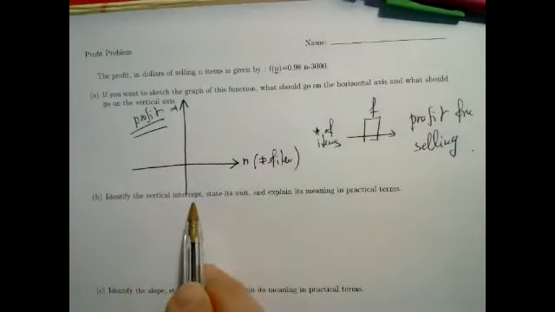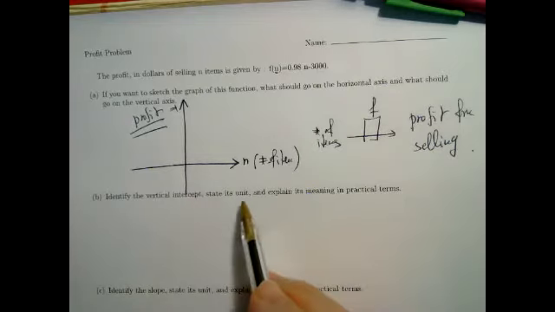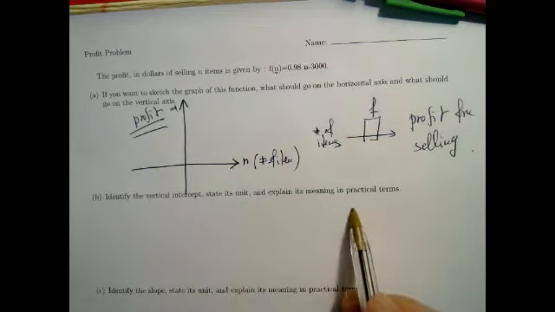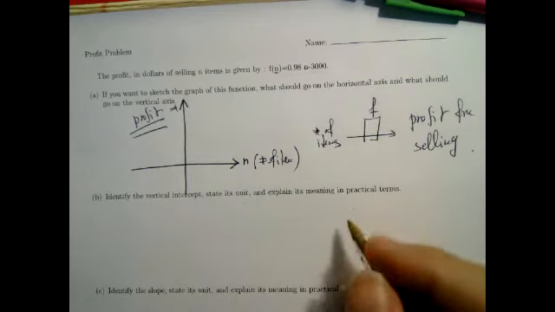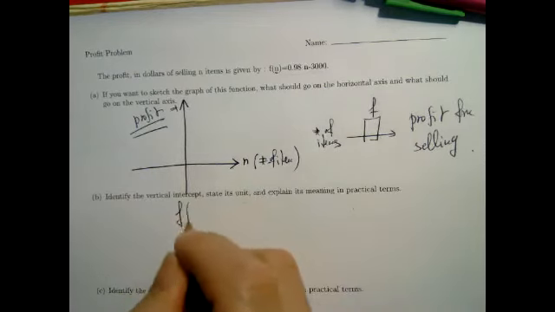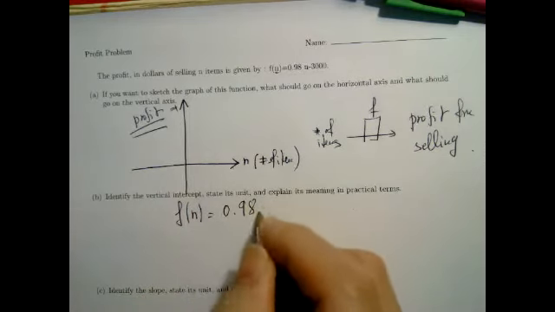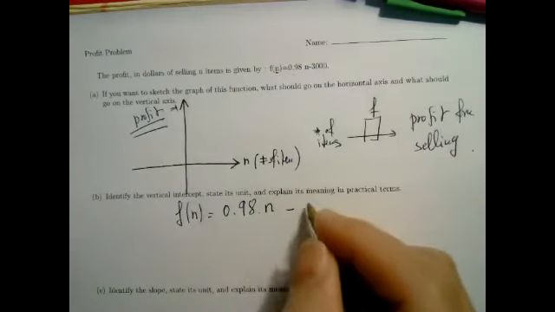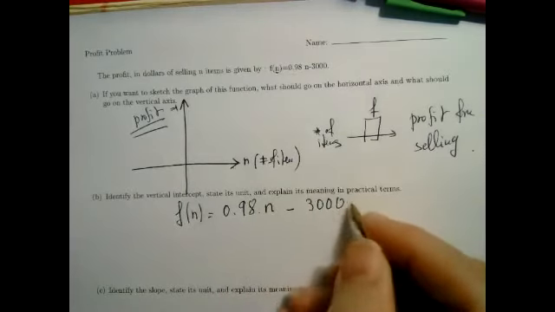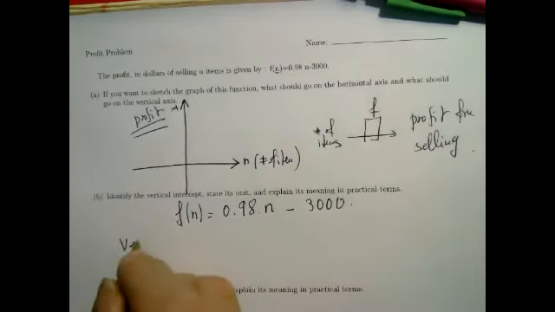Now, question number 2. Identify the vertical intercept. What's the vertical intercept in this problem? What's the unit of it? And what's the meaning of it? All right, so let me write this function again. f of n is 0.8 times n minus 3,000. So what is the vertical intercept?